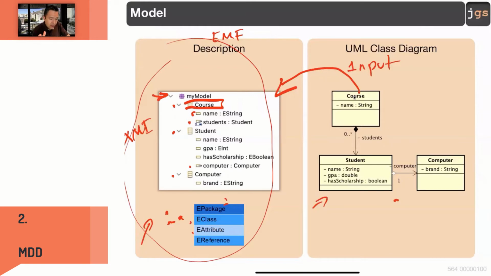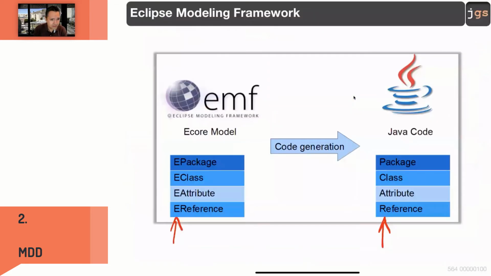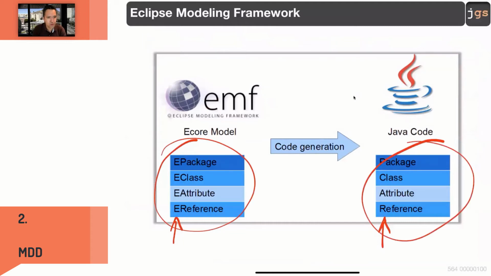This guy is not a package yet, but it's going to become a package, an E-package, Eclipse, right? So we're going to move from all that, guys, the tree, to real Java source code. And that is going to be the work of this tool using a code generator.